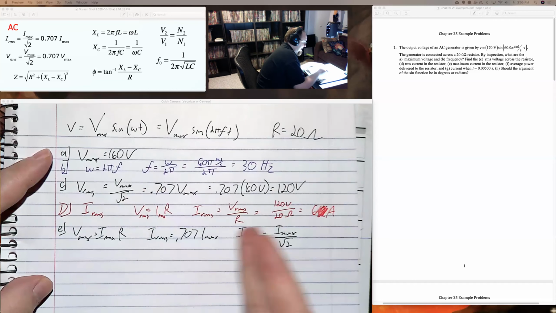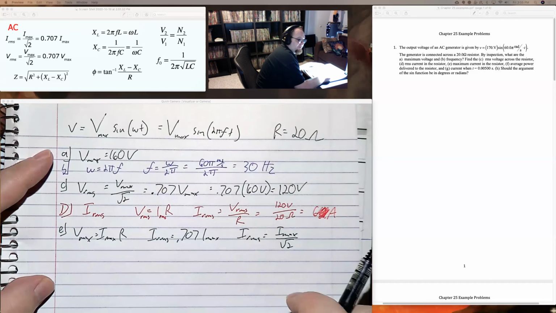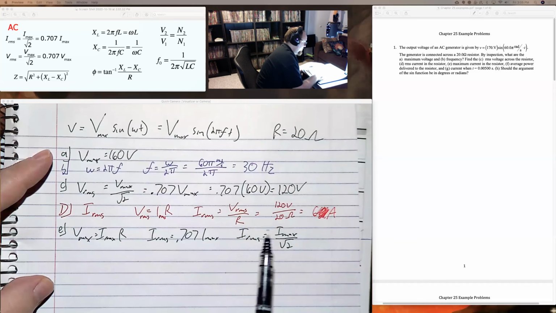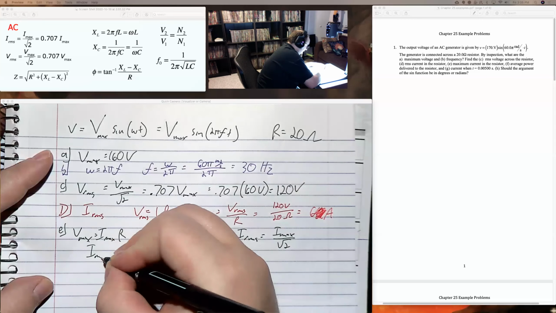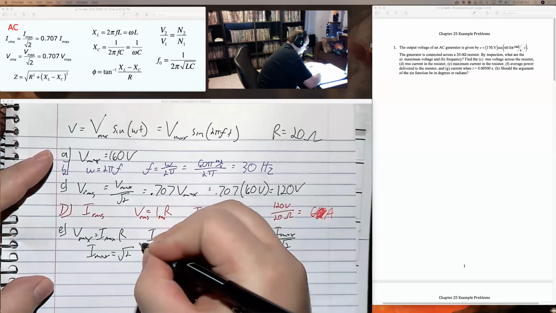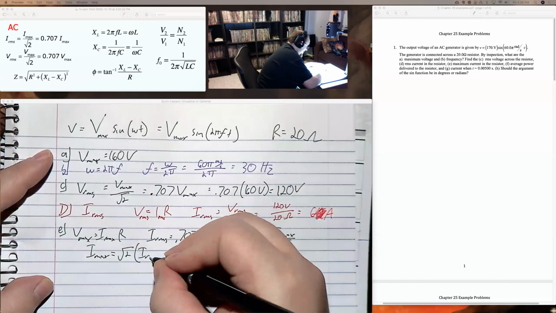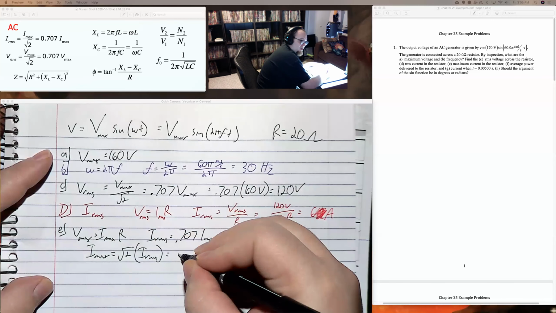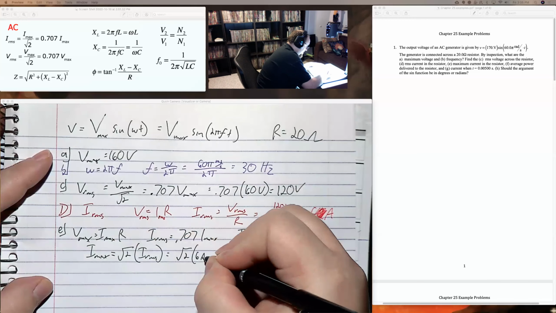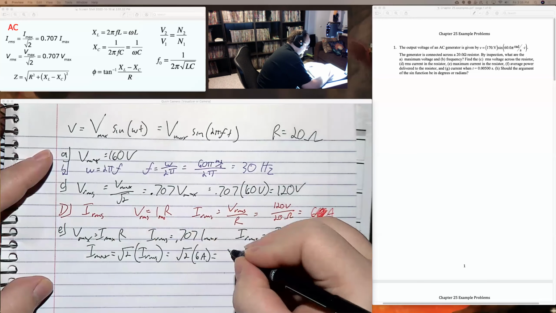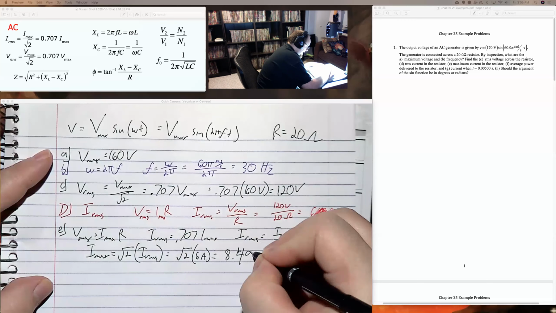Both of these are exactly the same. I chose to do it this way, not by Ohm's law again, saying I max equals the square root of 2 times I RMS. So that's going to be square root of 2 times 6 amps, which is 8.49 amps.